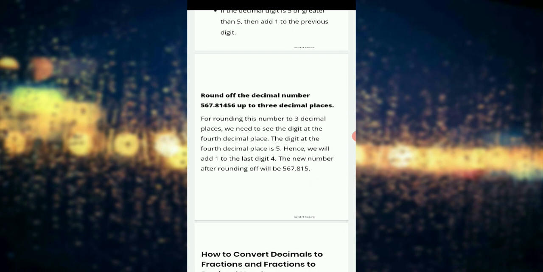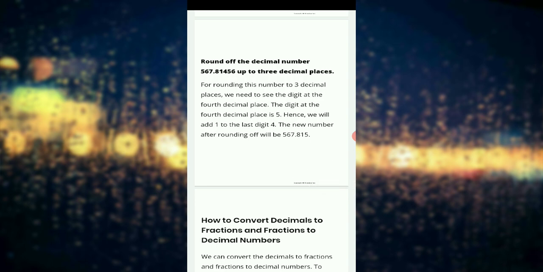Well, we shall see here how to round off a decimal number. We have an example: 567.81456 up to 3 decimal places. For rounding this number to 3 decimal places, we need to see the digit at the fourth decimal place. The digit at the fourth decimal place is 5.